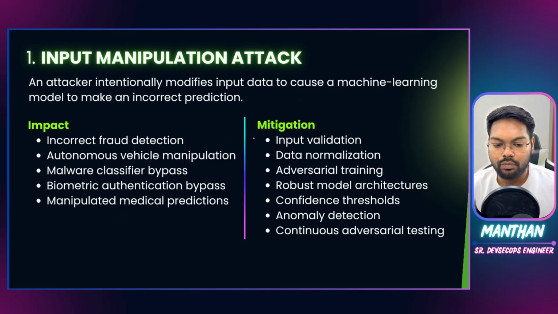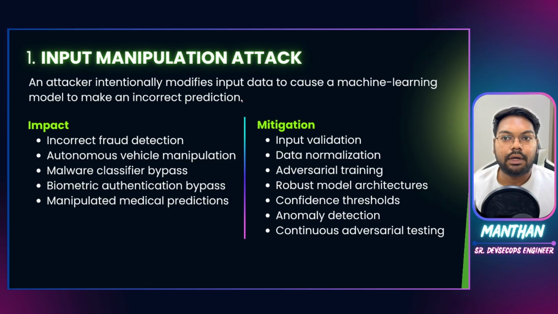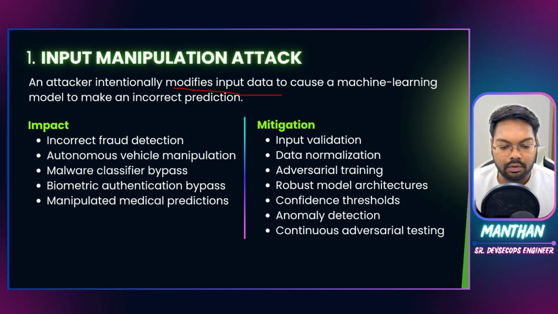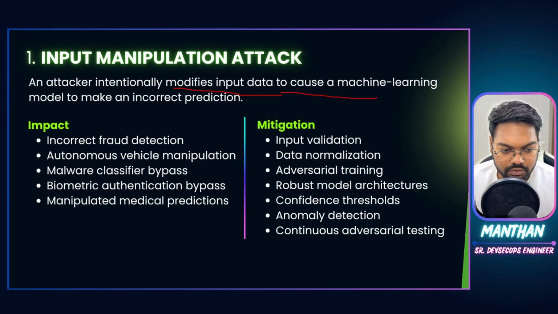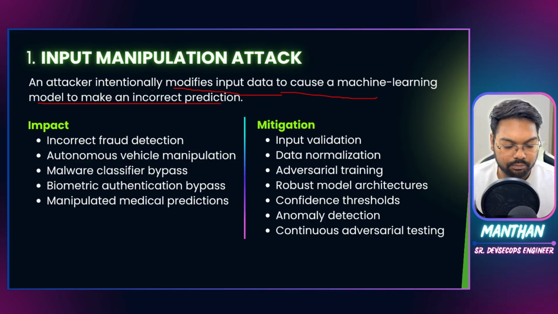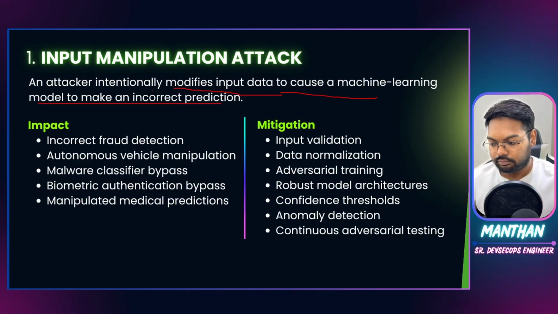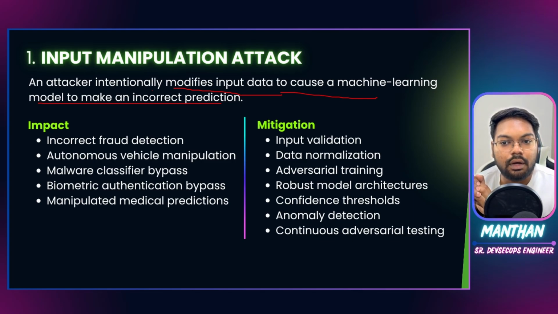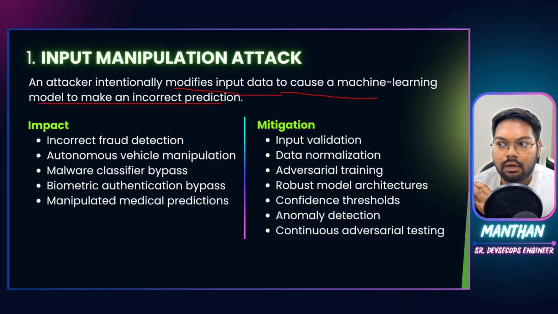So the very first is input manipulation attack, wherein an attacker intentionally modifies the input data to cause a machine learning model to make incorrect predictions. So let's say there is a model which tries to detect spam calls or spam emails on your mailing system.